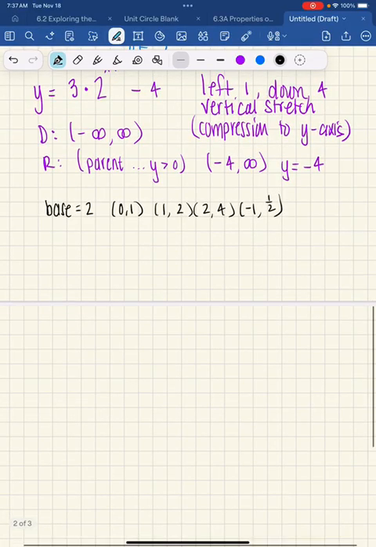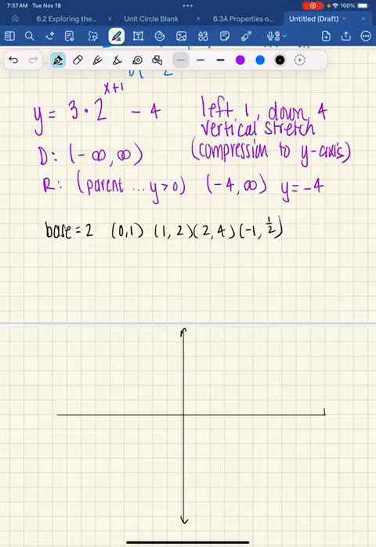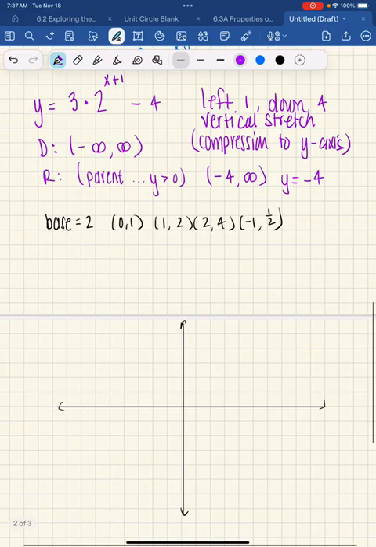Okay, so I need to draw a bigger graph down here. All right. And since I'm going down 4. Okay. So if I'm shifting this graph left 1, down 4. Left 1, 1, 2, 3. Here's my new origin point.